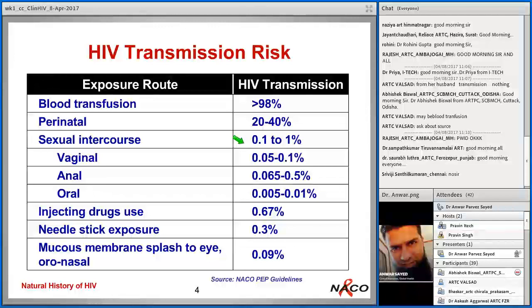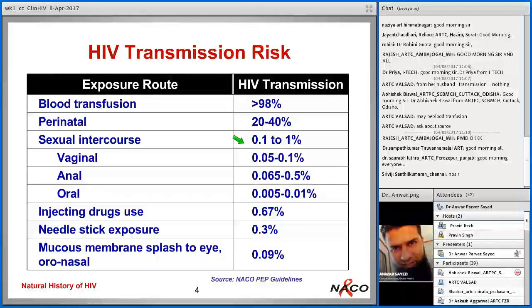That is one reason. Second reason is, if a person's viral load is very high, who is not on treatment, it is more likely that that person will infect the other more as compared to a person who is virologically suppressed. Third reason is, if a person is having an STI or other genital infections, that will increase the risk of transmission to the person who is HIV negative.